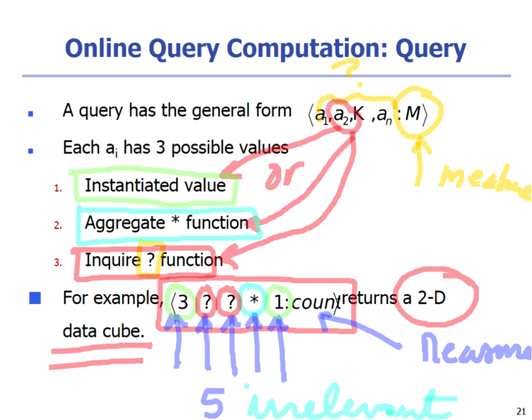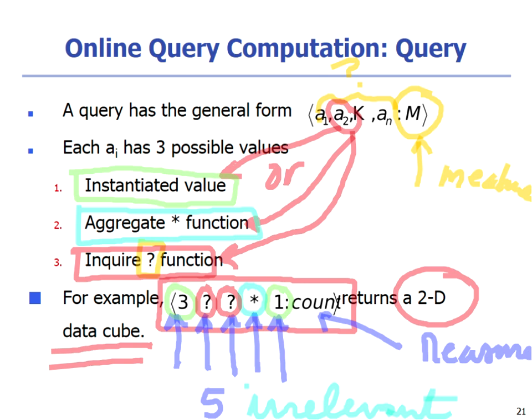If we want to make a similar SQL query, it is like saying: select name, and age, from structures where ID equals 3 and experience equals 1. So name is inquired, and age is also inquired.